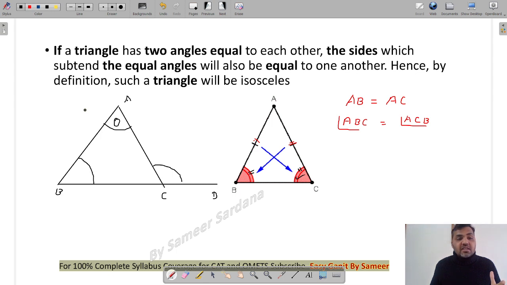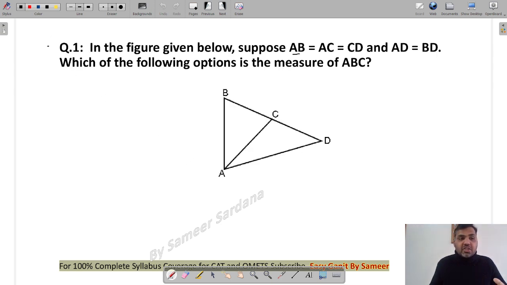If I'm saying that this angle is theta and this angle is alpha, then the value of the exterior angle will be equal to theta plus alpha. Very important property in triangles: the exterior angle is equal to the sum of the two opposite interior angles. Now let's have a look at question number 1.